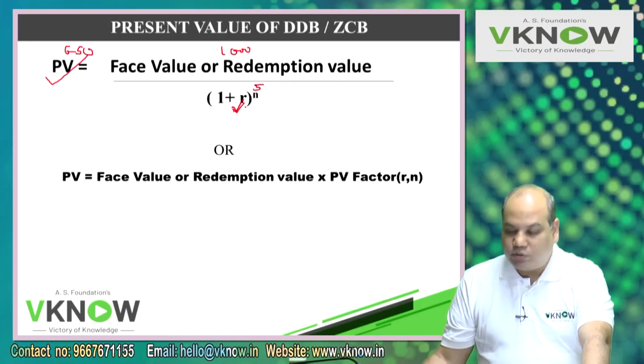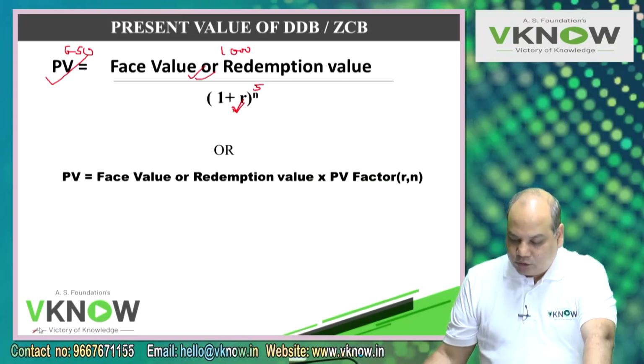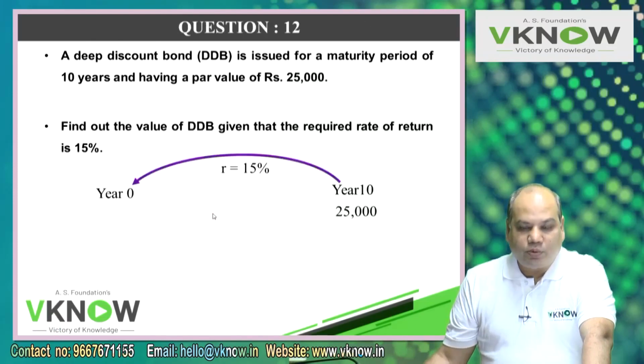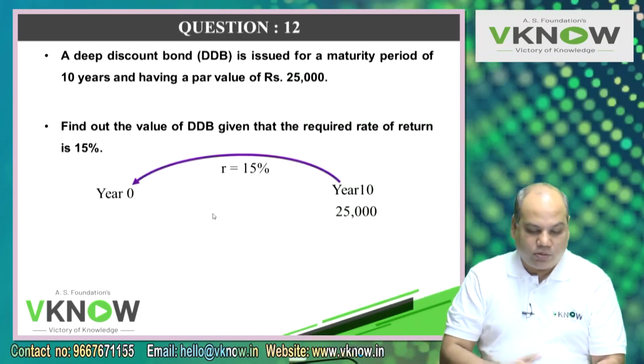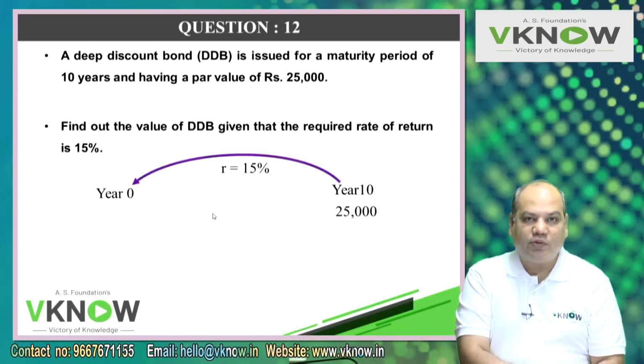So R can be found out, or in some question we may have to find the face value. So use the same equation and find out the missing figure in case of a zero coupon bond. The logic is simple. One cash flow will be received on maturity. Find out the present value of that.